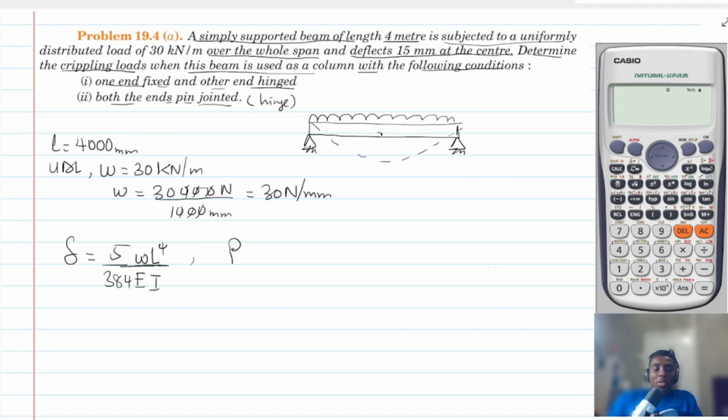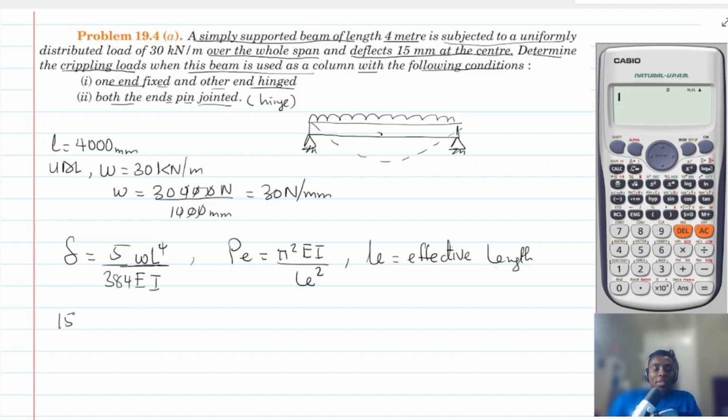If we use the Euler load, it is pi squared EI divided by LE squared, where LE is the effective length, depending on your end condition. However, this WL4 over 384 EI will give us the EI.